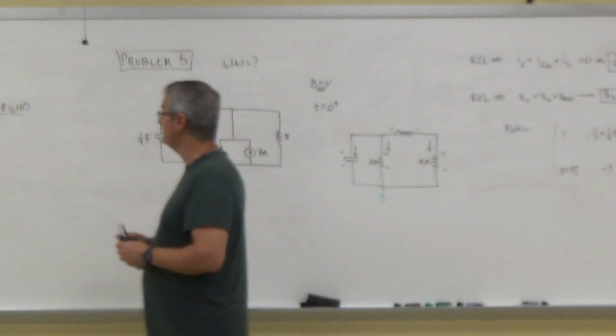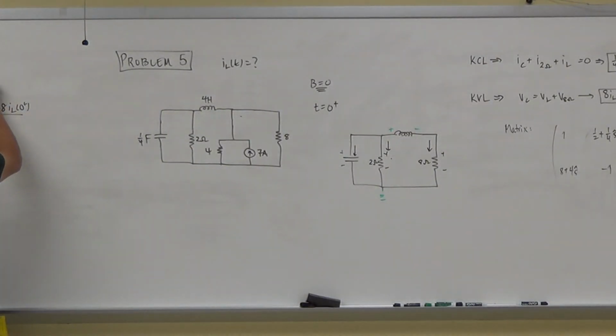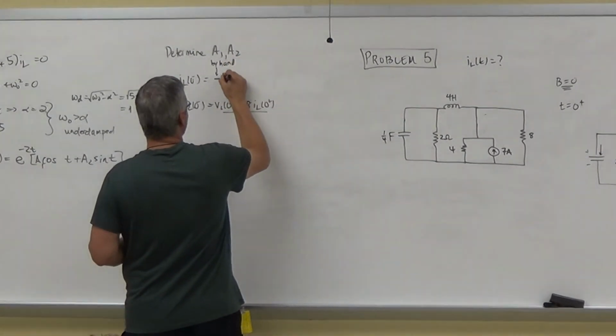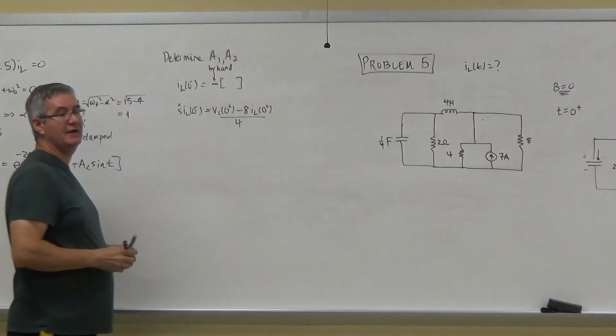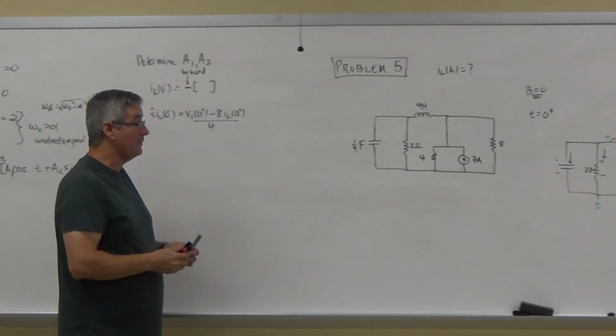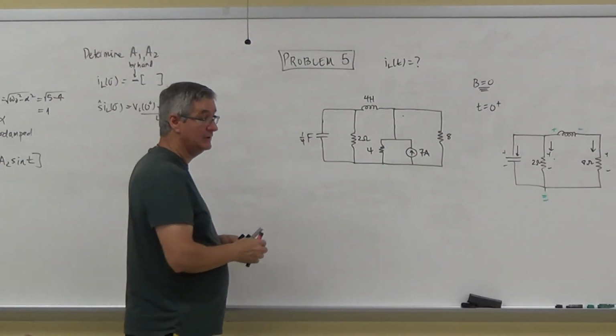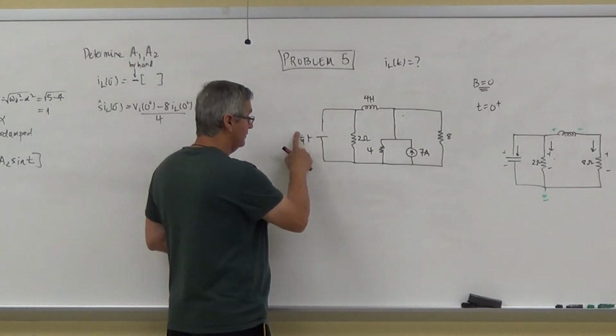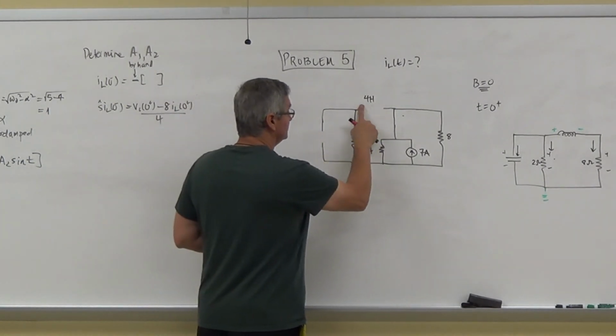Okay, so when I look at this, I'm going to put this sign right here by hand and know that I have to have that negative sign. Okay, so I'm going to modify this circuit to save time. So I'm gonna make this an open. I'm gonna make this a short.